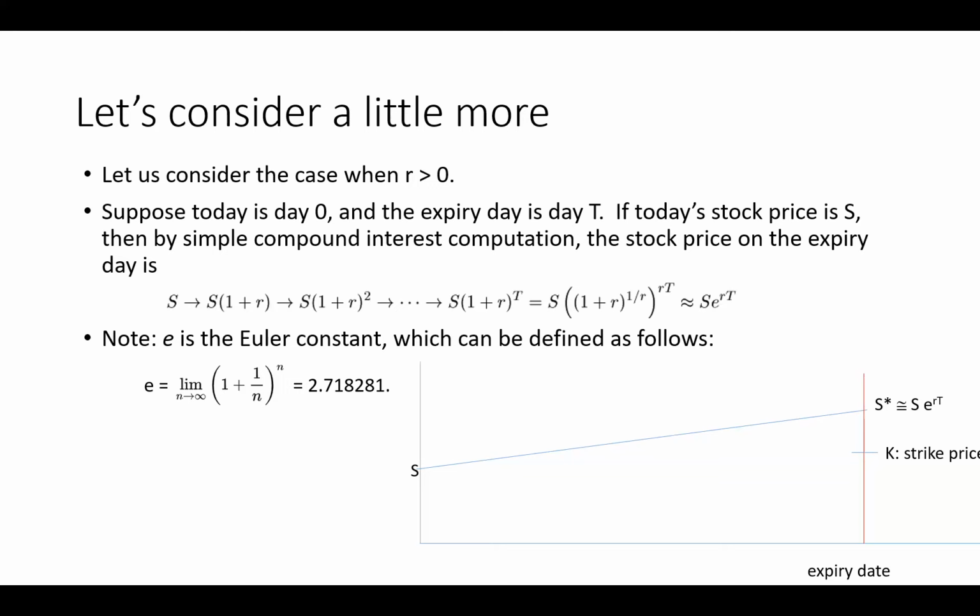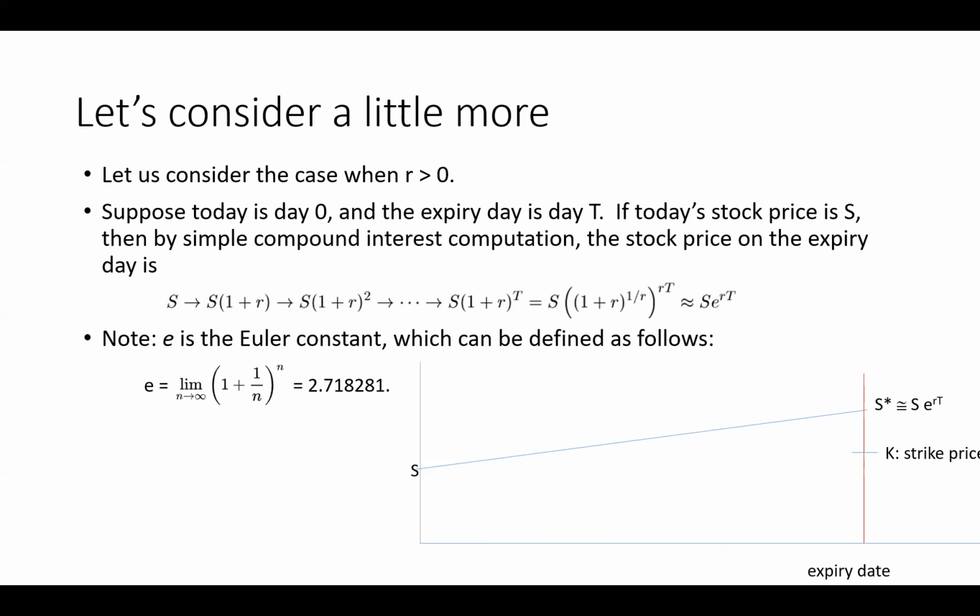But this is a rate, so it is S plus S times R. So this is the first day. And the second day, you have another factor of 1 plus R. So you have S times (1 plus R) squared as the price after 2 days. And after T days, you will expect that the stock price will be S times (1 plus R) to the power T. It is just simple compound interest analysis.